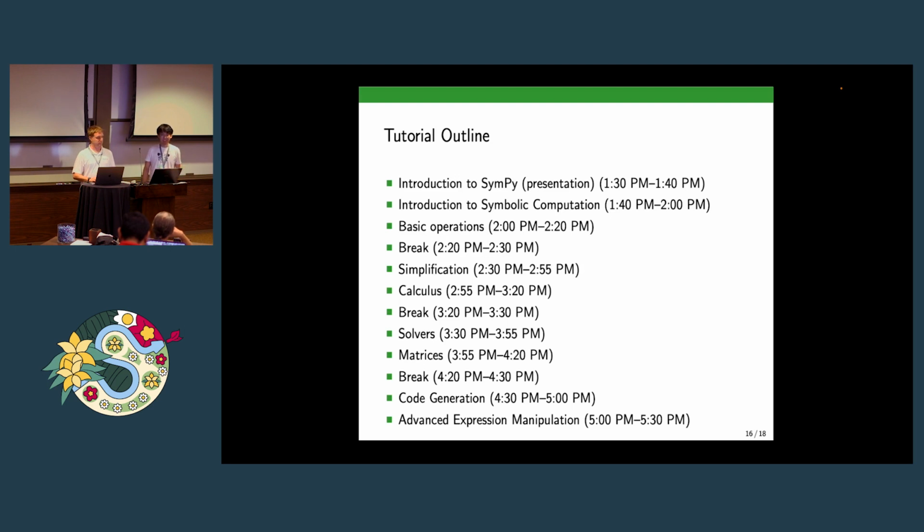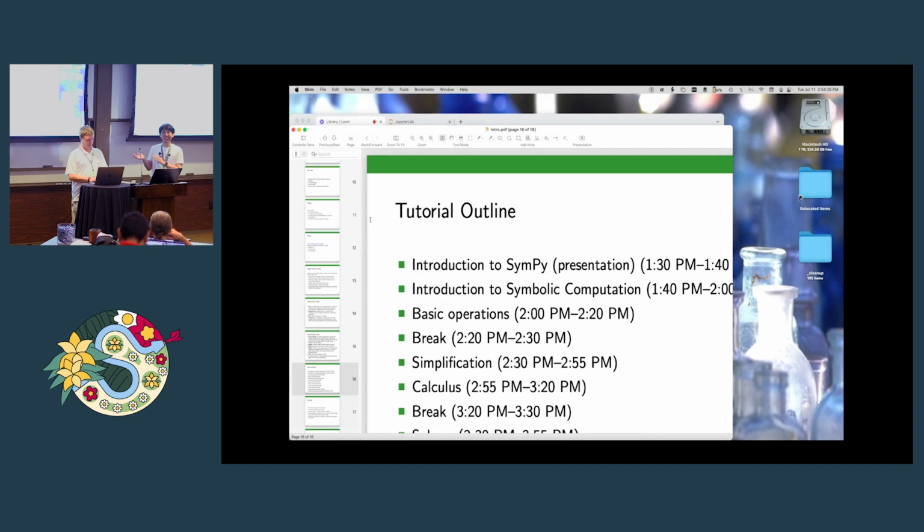Well, the system tries to figure out, in the example I showcased, if x is real, it can figure out that x squared is positive, and this added to some other positive expression is positive.